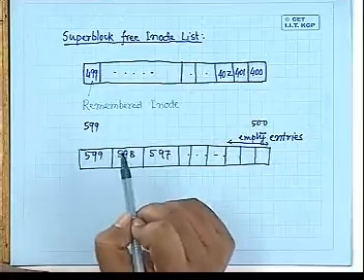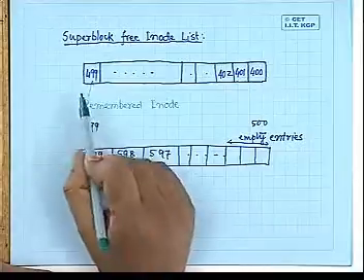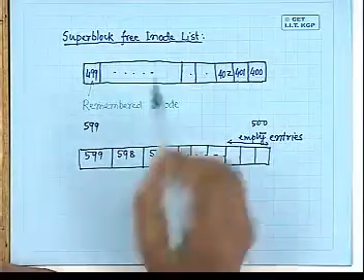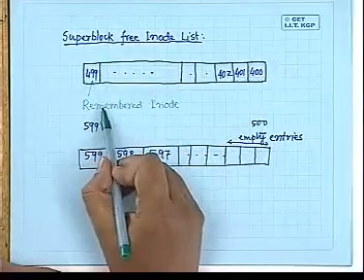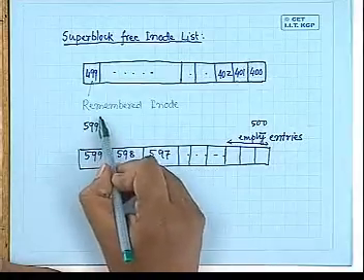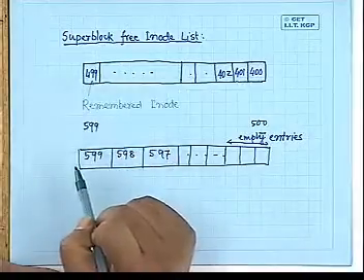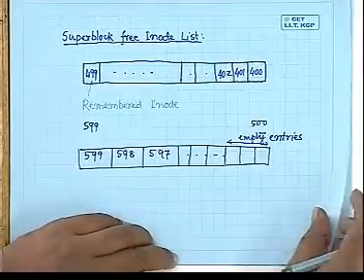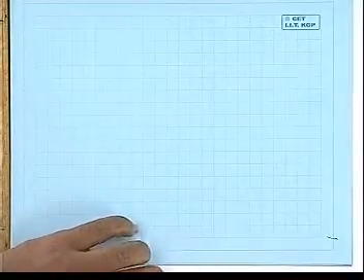When this inode is freed, first it is checked whether this newly freed inode number is less than the remembered inode number or not. If it is less, the remembered inode will be replaced by this freed inode.